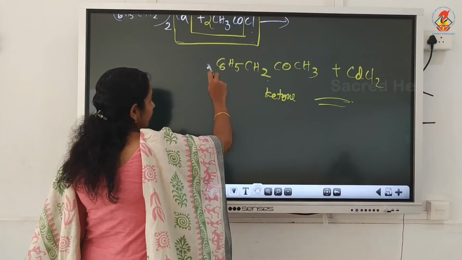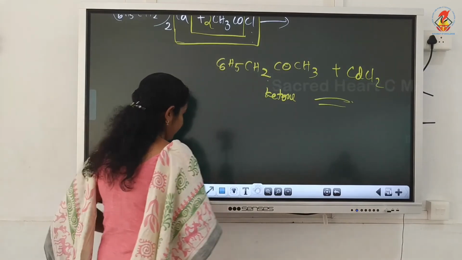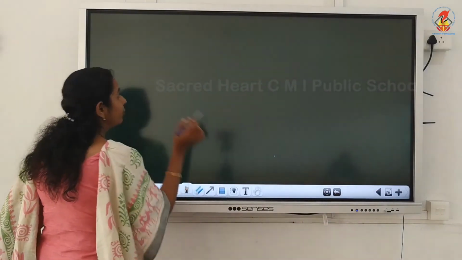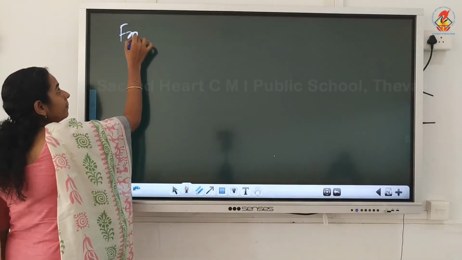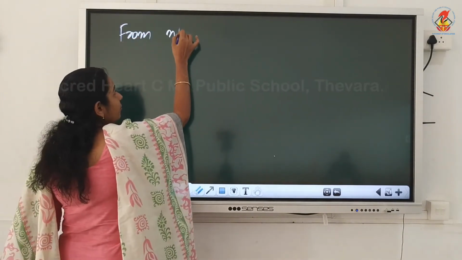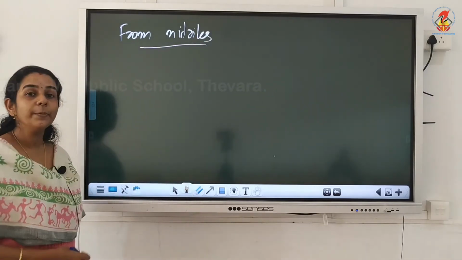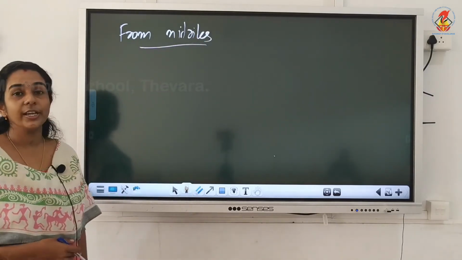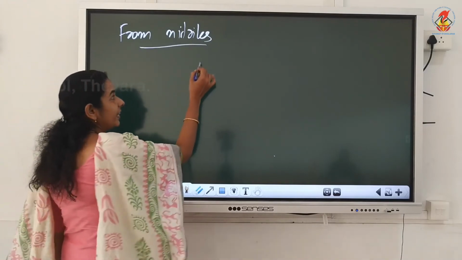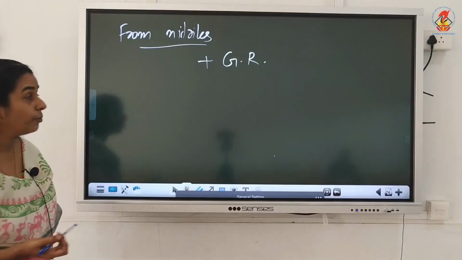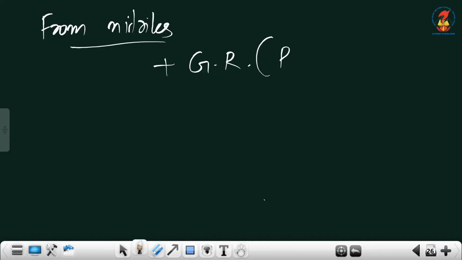The second method for the preparation of ketone is from nitriles or cyanides. We prepare ketones from nitriles or cyanides by reaction with the very familiar Grignard reagent. What is the general formula of Grignard reagent? It is RMgX.